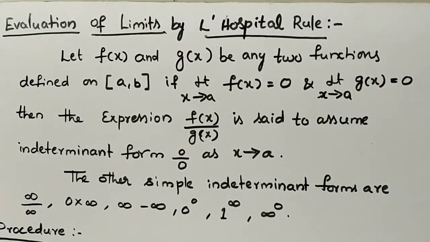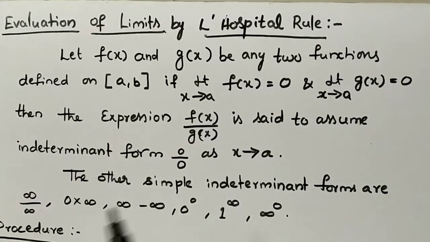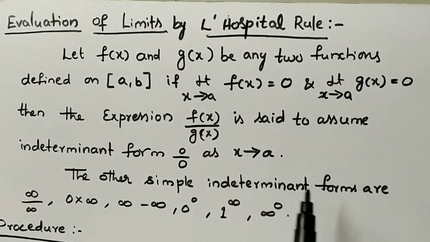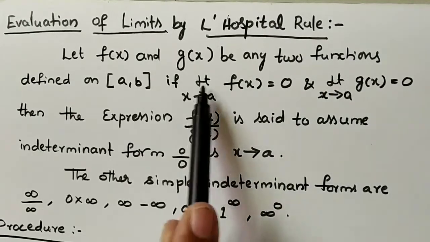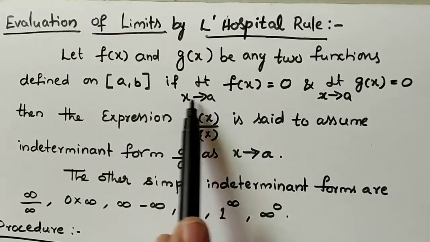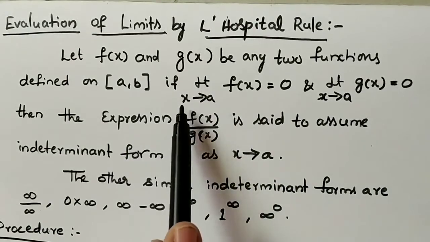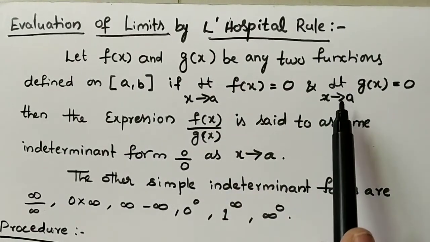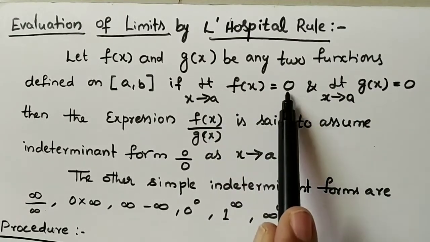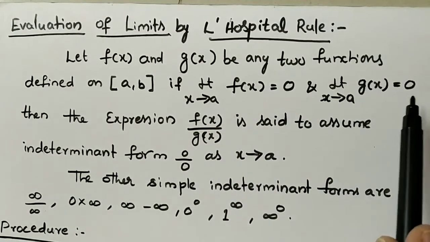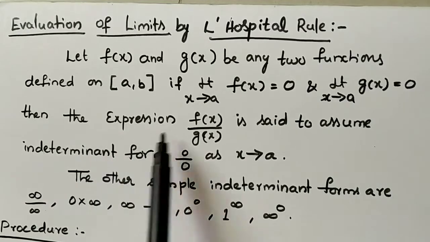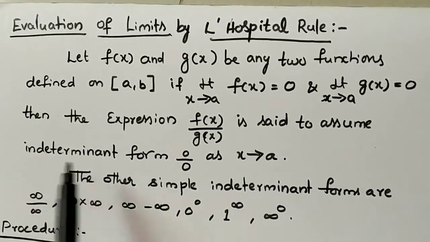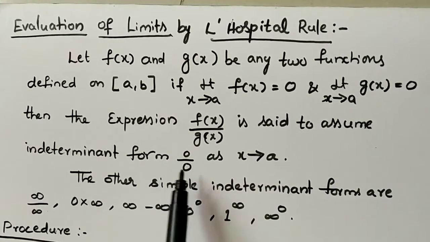So what is the use of this rule? Generally we know how to calculate the limit of any particular function: we substitute x tends to a, that means we replace x as a, and similarly for g also. Suppose the answer is 0 here and 0 here also, then the expression f of x by g of x is said to assume the indeterminate form 0 by 0.